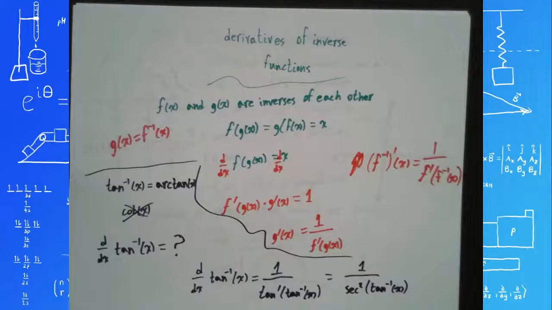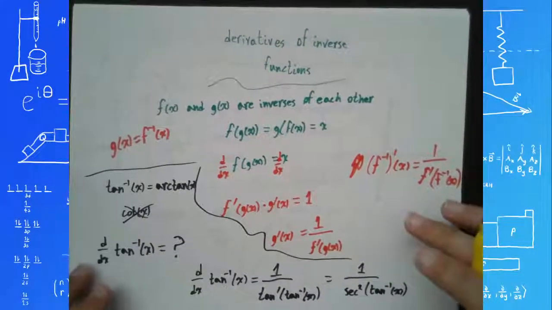So here, if you're doing Calc BC, definitely pay attention because you need this for trig substitution later. But even if you're not in Calc BC, you'll want to know this. Draw a reference triangle.